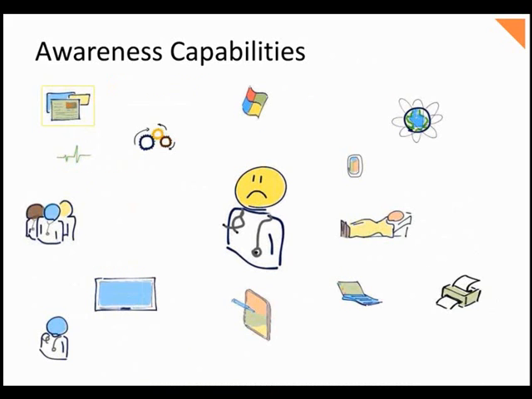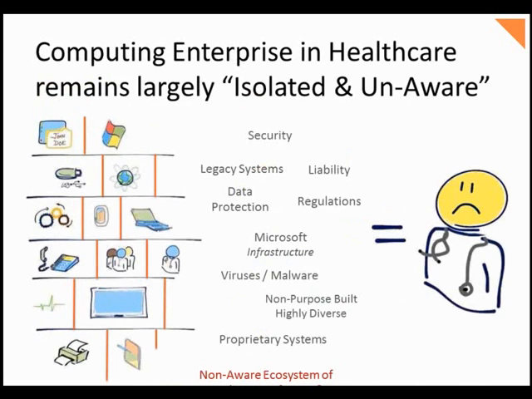If you could go back a slide, Catherine. We think about what is unaware. And computing historically has been a really unaware technology. Computers in themselves can take information and help process it.